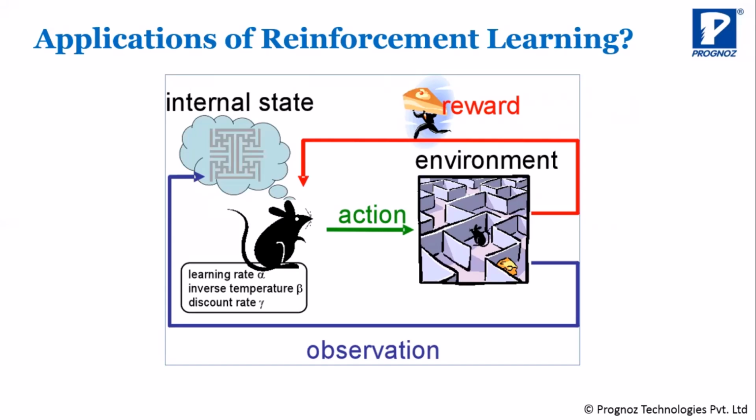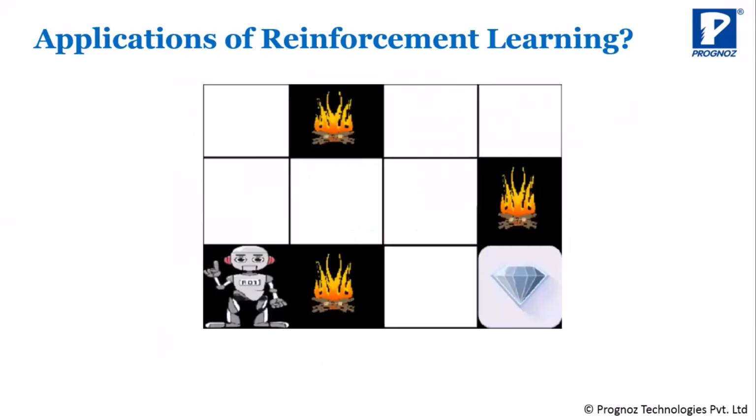So next time when he plays, he knows that I need to have a reward, I don't need a penalty. So step by step, it will keep on learning and will be more accurate in predicting the output. There are several types of gaming applications where you need to reach the target, and in between you might get hurt or eaten up by a demon or something. So these are the areas of reinforcement learning.